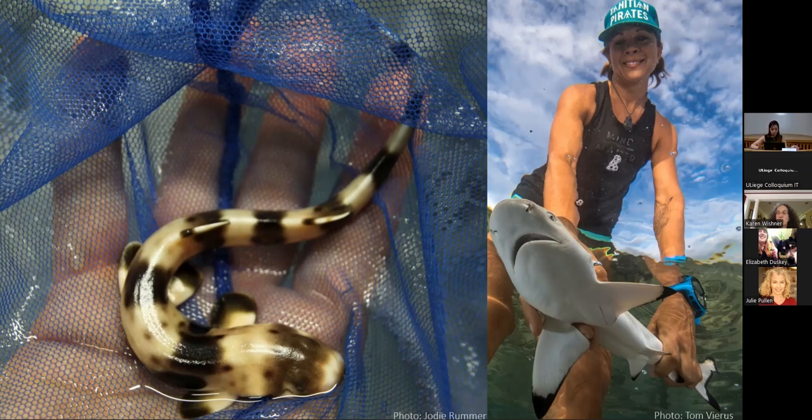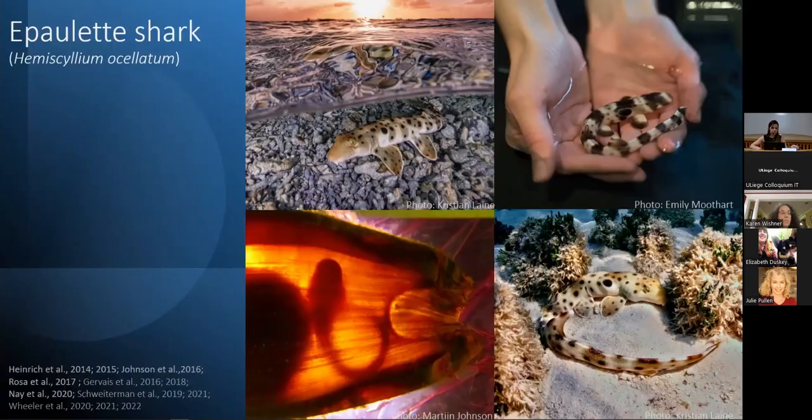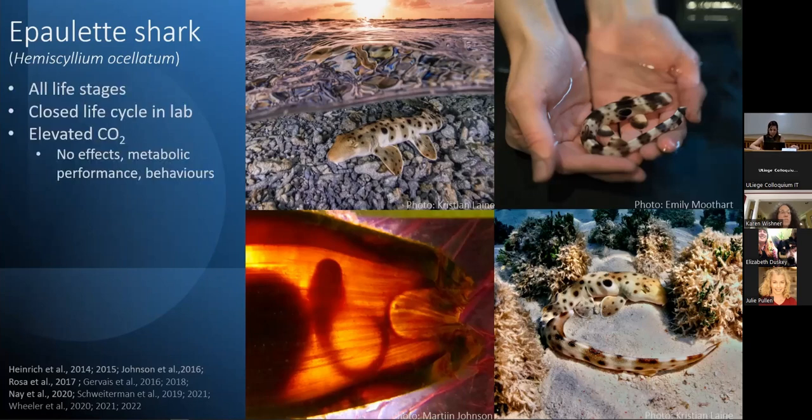But we have been able to examine all life stages under experimental conditions, and we have closed the life cycle in the laboratory. And in fact, right now we have about 20 eggs that we're expecting to hatch anywhere from today onward. We could have babies right now. We started investigating their tolerance to acidification conditions, and we found that they're extremely robust in terms of physiological traits, in terms of behavioral traits, especially those associated with finding food and sheltering.